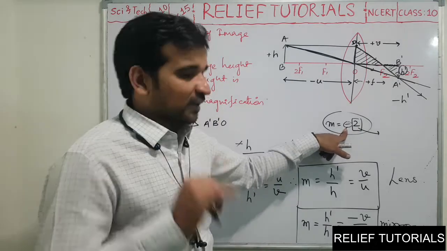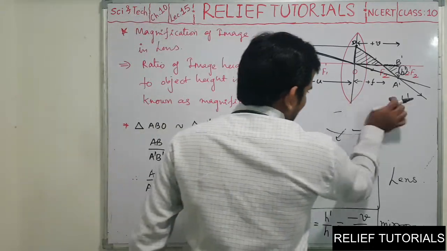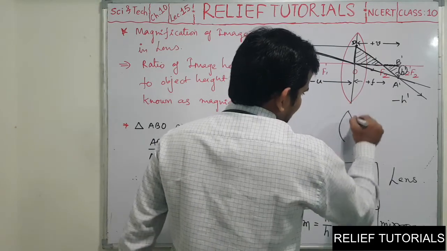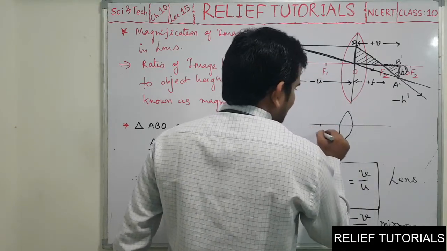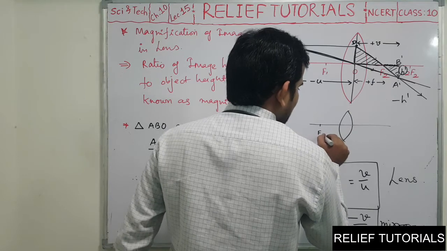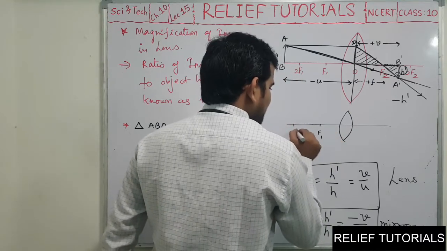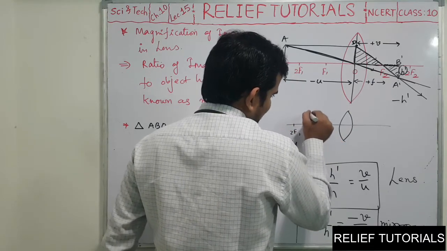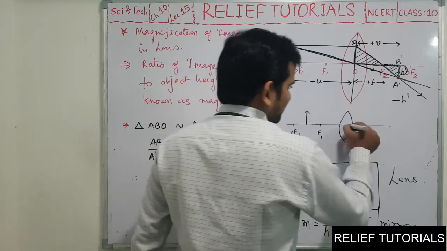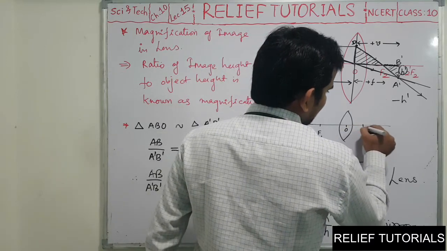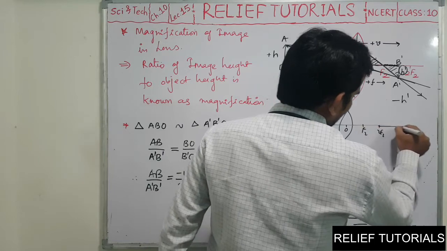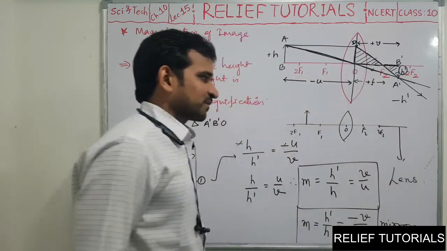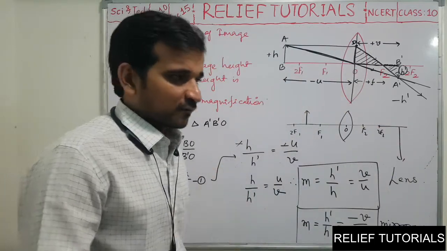So it's the fourth case of convex lens, where we place the object between f and 2f. If we place the object between f and 2f, you will find the image is beyond 2f, larger than the object, real and inverted.